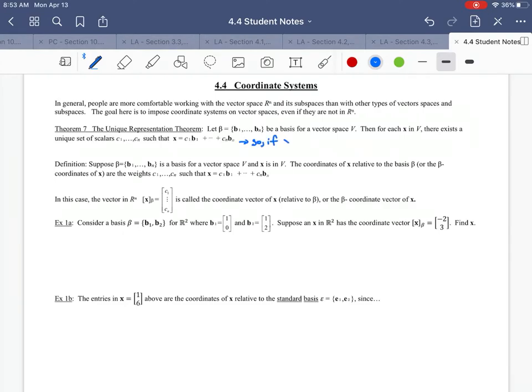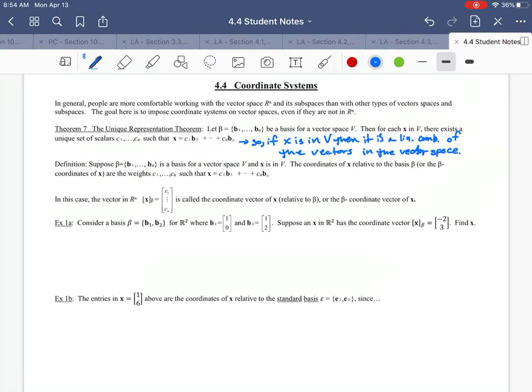It says, if x is in the vector space V, then it is a linear combination of the vectors in the vector space.